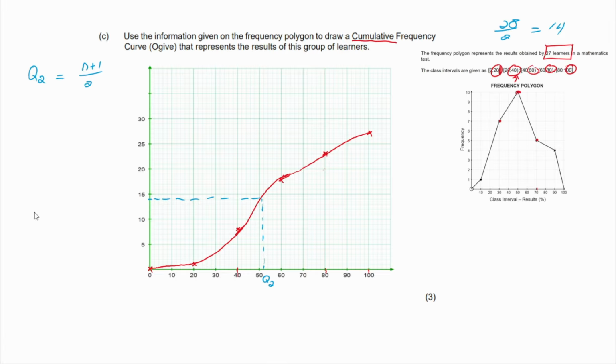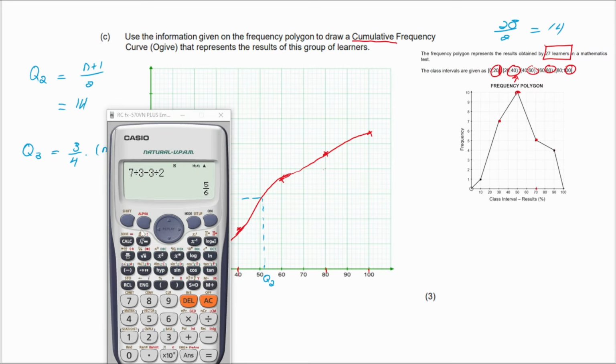Then they say the value is required to determine the IQR. Remember IQR is Q3 minus Q1. So we need to show where we find Q3 and where we find Q1. This was again the position at 14. And then to find Q3, it's just 3 over 4 times n plus 1. So I'll show you on the calculator how that looks. Here we go.